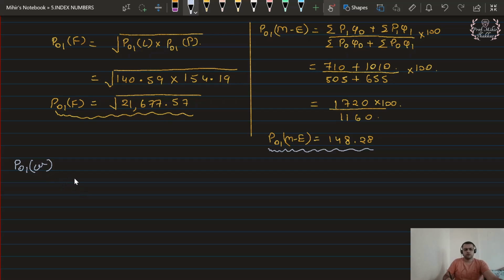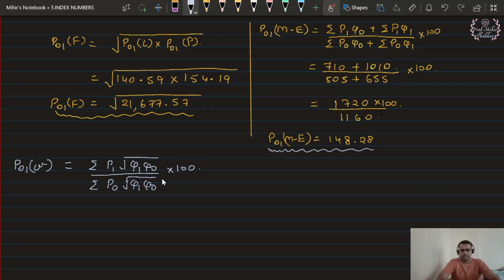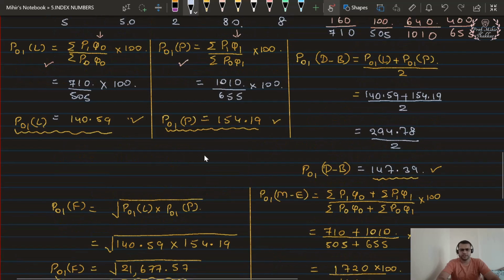If you observe the Walsh's index number, the formula is summation of P1 root of Q1 into Q0, upon summation of P0 root of Q1 into Q0, multiplied by 100. Now just observe very carefully how we have to calculate this, because there are some new columns that we will have to make in this table.